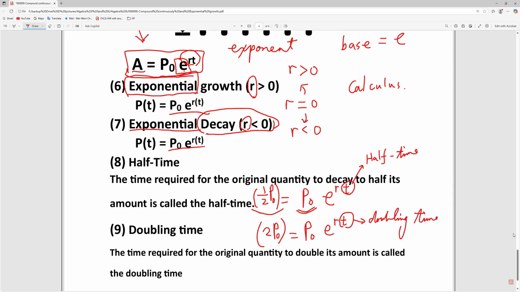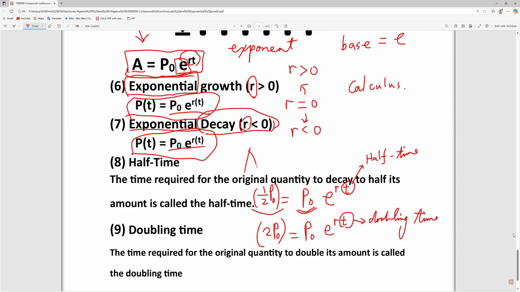Now you may see there's a lot of formulas I show you, but you don't need to memorize them. I suggest to my students, you simply remember half time. You memorize this same formula, a very easy formula.